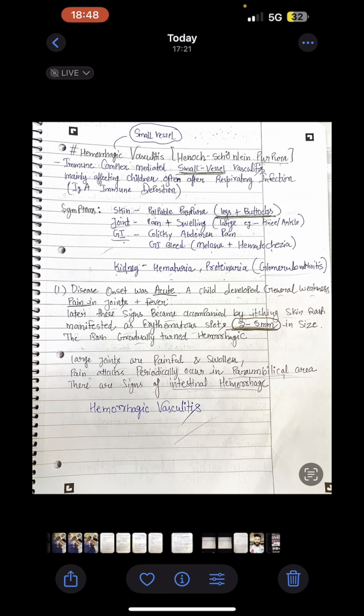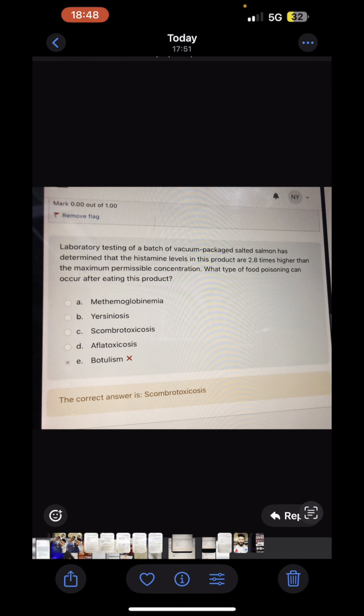Large joints are painful and swollen. And another thing the question is saying, that disease onset was acute, pain in joints, and these signs were accompanied by erythematous spots of 2 to 5 millimeters in size. So when it is saying skin symptoms, GI symptoms, as you know, all these symptoms will appear in hemorrhagic vasculitis. So let's go next.